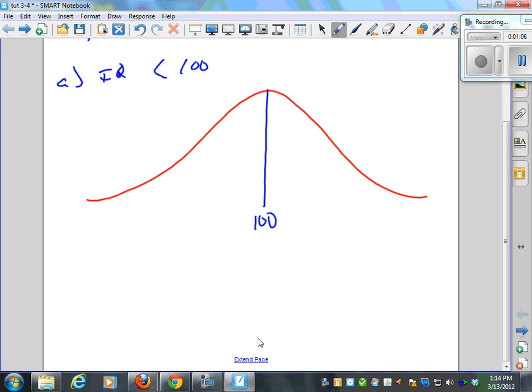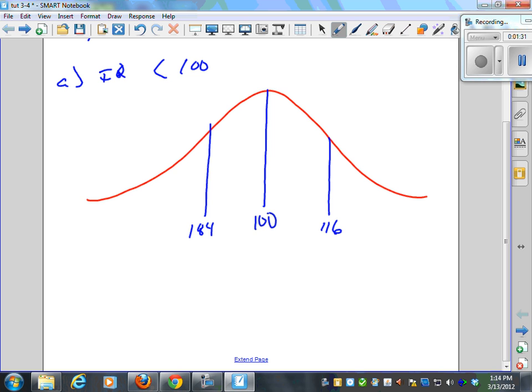The next step would be to mark bars on either side, and that's at plus or minus 1 standard deviation. So if I go up, this is 100 plus 1 standard deviation, so 100 plus 16 is going to be 116, right? And if I subtract 16 from the other side, 100 minus 16, that's going to be 84, right?